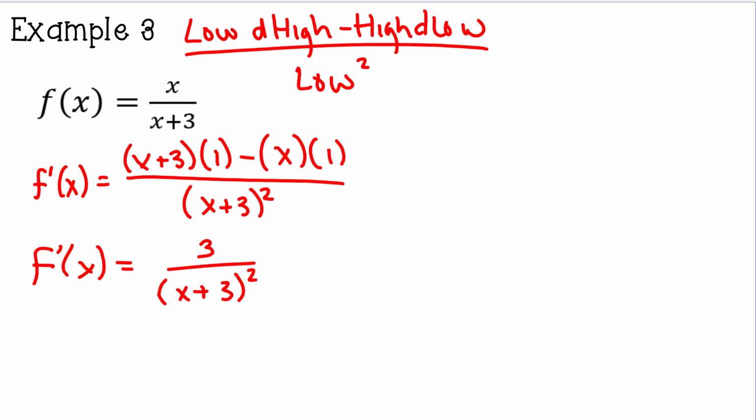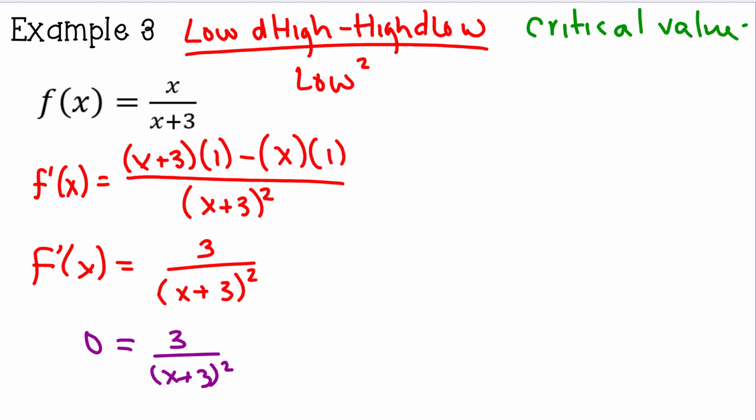All right, so this one is a little bit different because if I set this equal to 0, and I say 0 equals 3 over x plus 3 squared, that's not going to give me any values at all. The numerator is never 0. However, critical values, which are the ones I'm looking for when I set it equal to 0, can also occur when f prime is 0 and also when f prime is undefined.